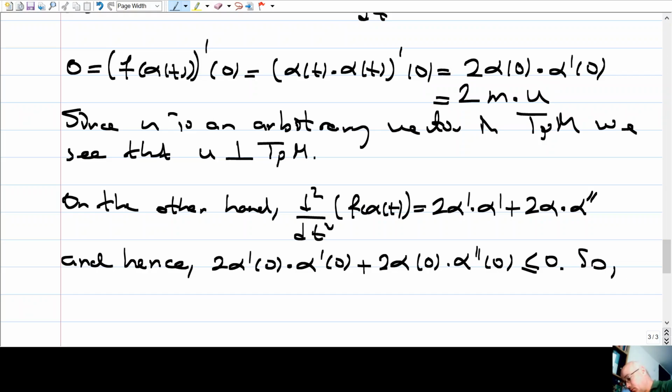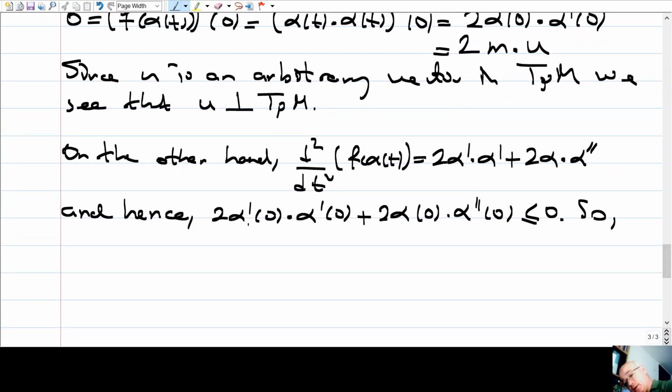So we get this: u dot u, and then m dot alpha double prime 0, is negative. Okay.